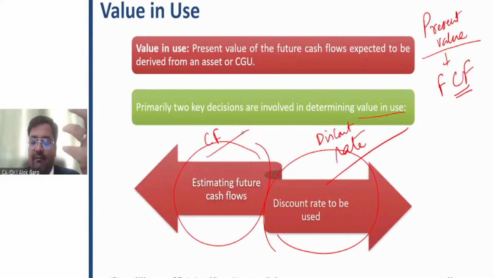Fair value is a market value, and cost of sale is the cost directly related to the disposal. And value in use is the present value of future cash flows. Cash flow will be inflow as well as outflow from that asset. Two key important things are there in value in use. One, estimating the future cash flow. Second, estimating the discount rate so that the present value calculation can be done.